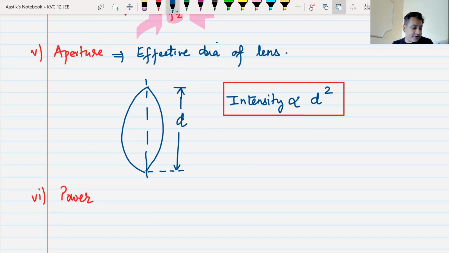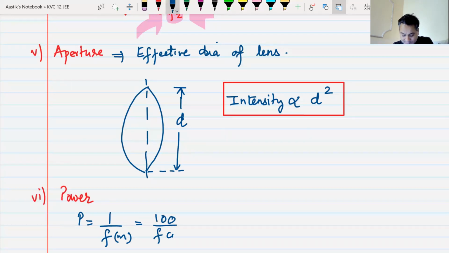Power of a lens, my dear friends, is the reciprocal of focal length: P is 1 by f, where focal length must be in meters. Or you can write it as 100 by f, with focal length in centimeters. Then I will get the power in diopters. Do we understand this?